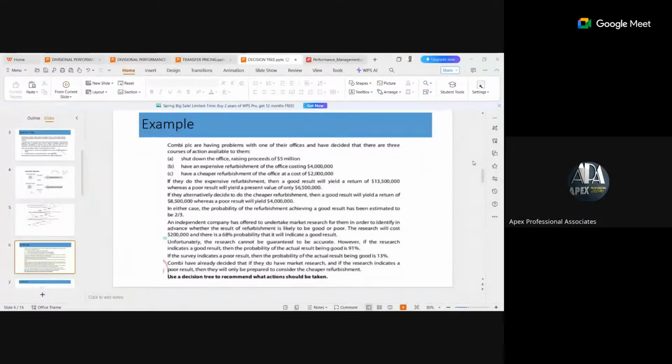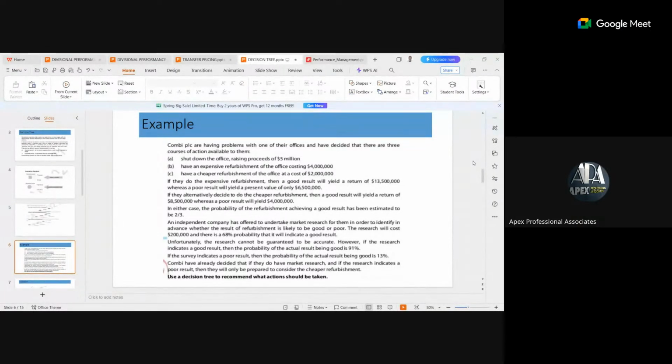If the survey indicates a poor result, that is the market research, from bad results, we have a decision to make, either to engage in a cheap refurbishment, an expensive refurbishment, or shut down.